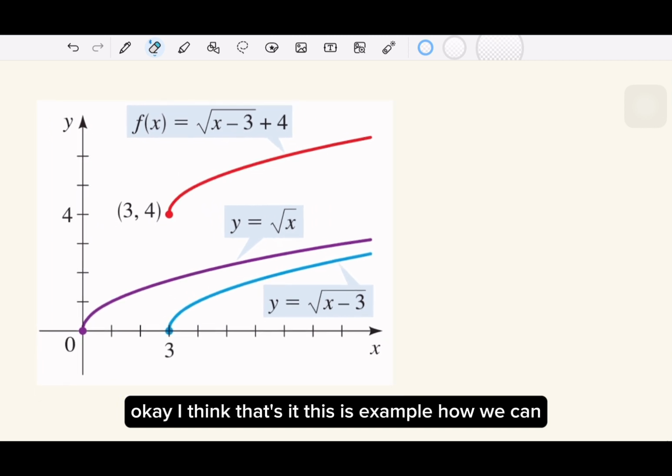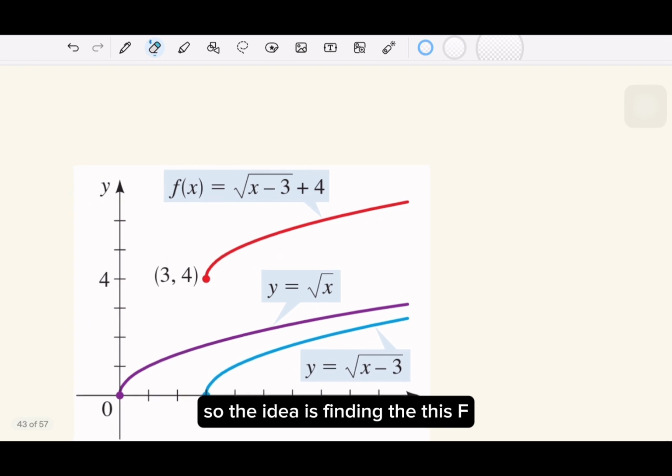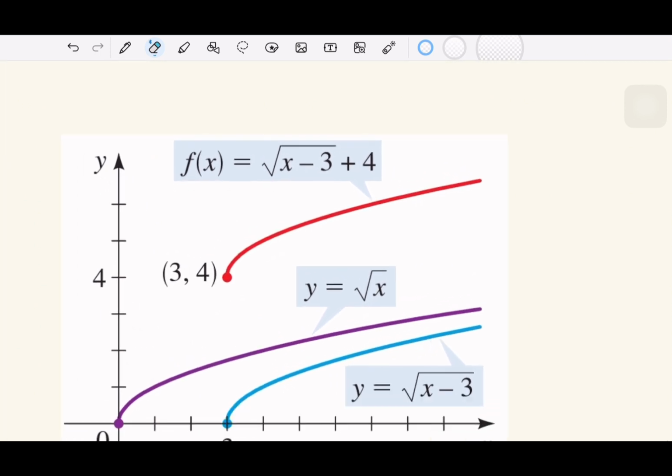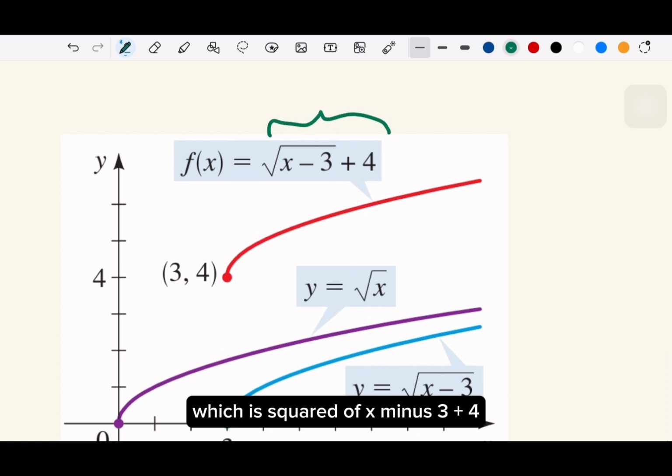This is an example of how we can do it. The idea is finding this f, which is square root of x minus 3 plus 4.